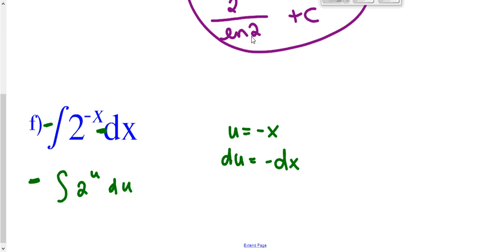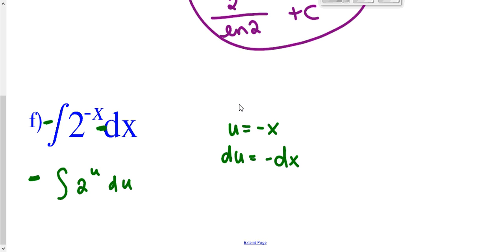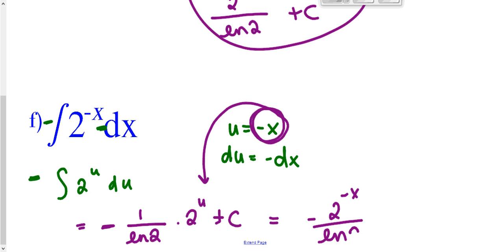But then we're using the same rule. So 1 over ln of the number times the function. This is just negative. So 1 over ln of the number, which is 2 in this case, times the function plus c. And then for our final answer, we just put our x back in. And we can write that up top. We could say negative 2 to the negative x over the ln of 2 plus c.